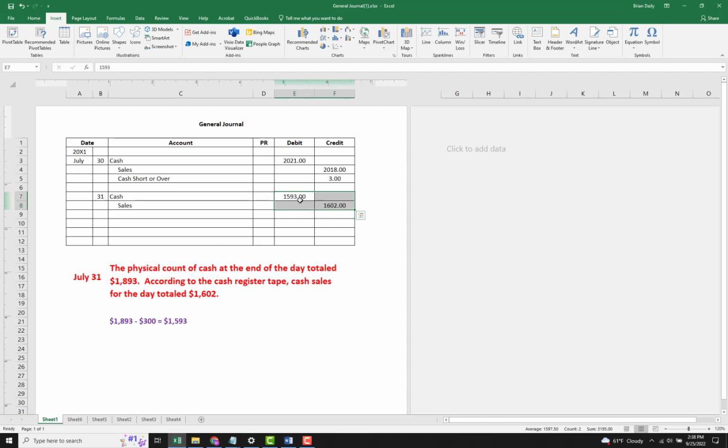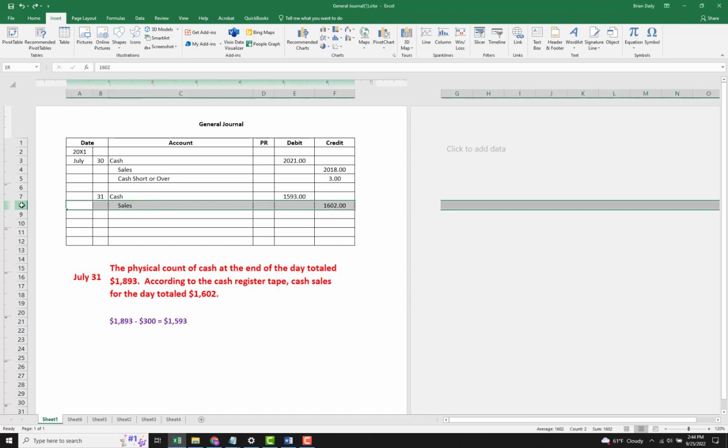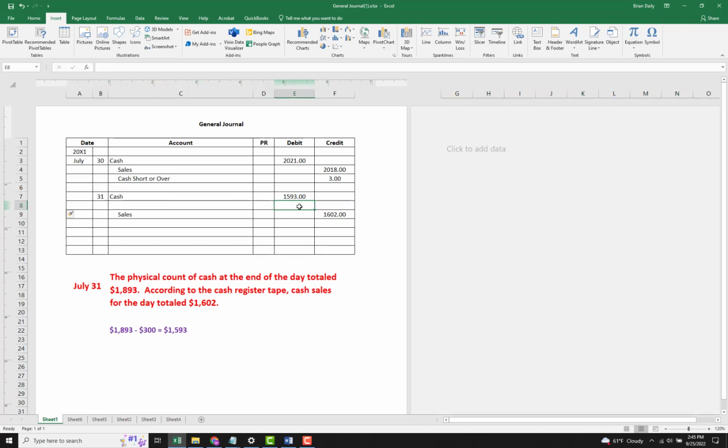We are short on the debit side, so we need another debit to make it balance. We could take the difference between the $1,602 and the $1,593, and that gives us a difference of $9. So we need a $9 debit. Since debits always come before credits when doing journal entries, I am going to move this credit to sales down one row and show that $9 debit above it.